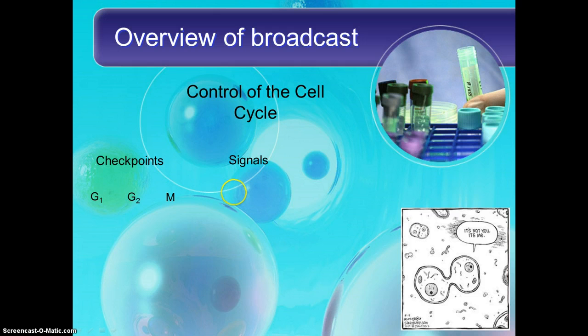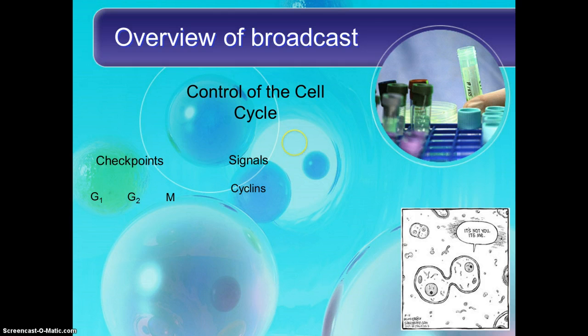Also, we have the signals that lead to each part of the cell cycle, which is part of the cell cycle clock, which is also very important, and it's based on proteins called cyclins.